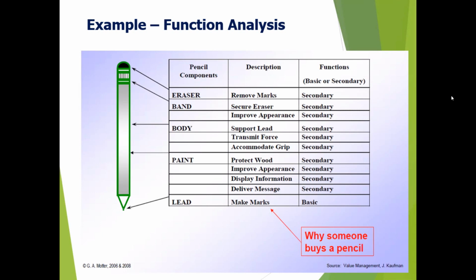So those things are secondary, and if necessary, we can eliminate them, isn't it? The band secures the eraser and improves appearance, right?